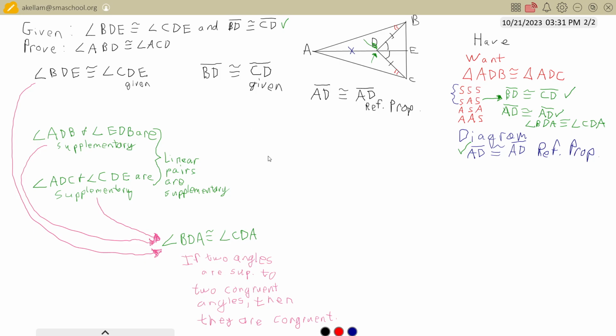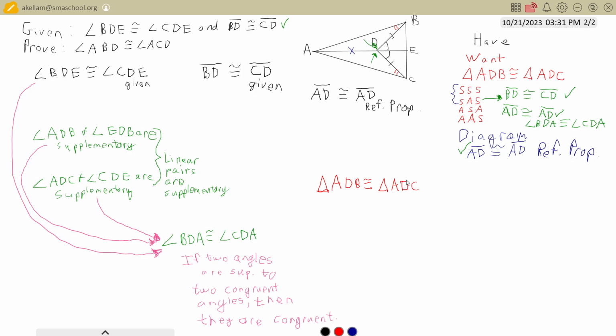This now is going to take us to, and I'll actually go with my red, triangle ADB is congruent to triangle ADC.